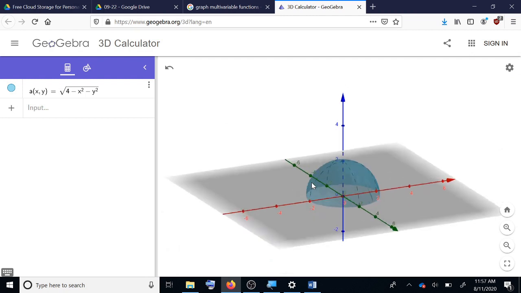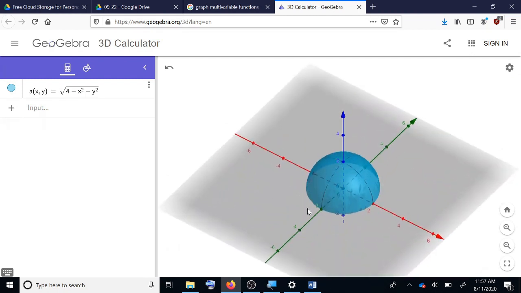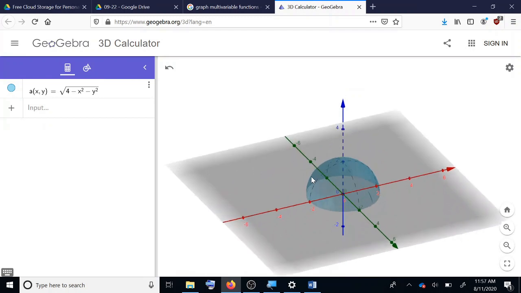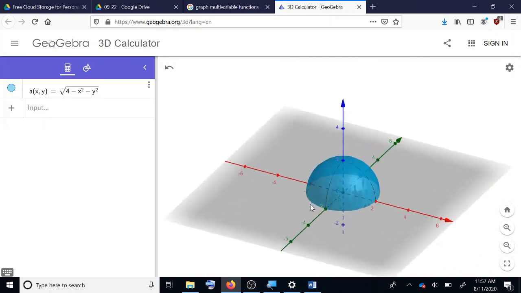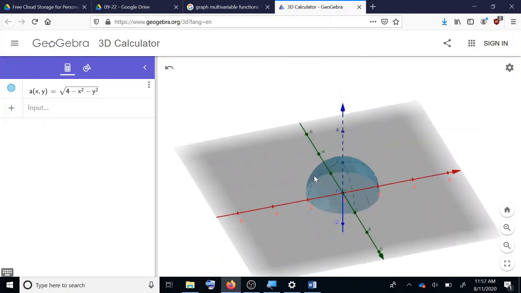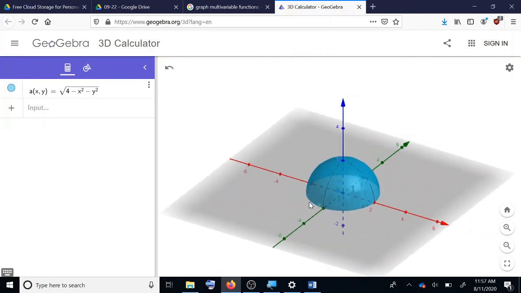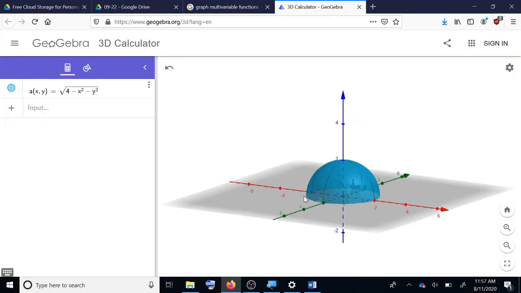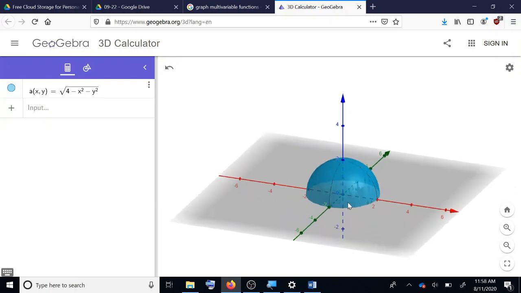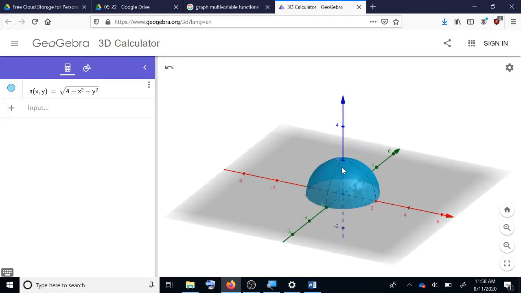Now this is quite nice because if you hold down the right mouse button, you can rotate this picture at will. And so you can get a pretty nice sense of what this graph looks like. The collection of all points x, y, and z which satisfy the equation form the shape of a hemisphere, the upper half of a sphere-shaped shell, in other words, which has radius 2.